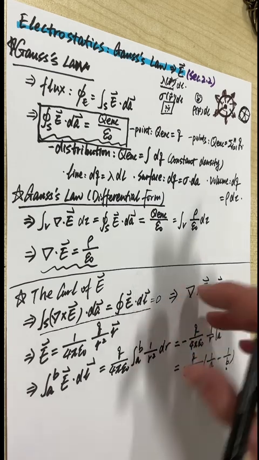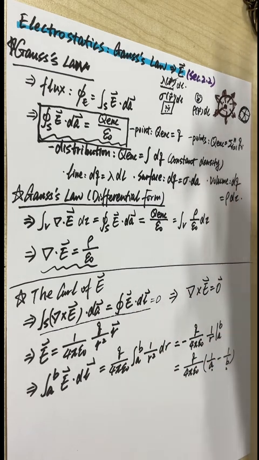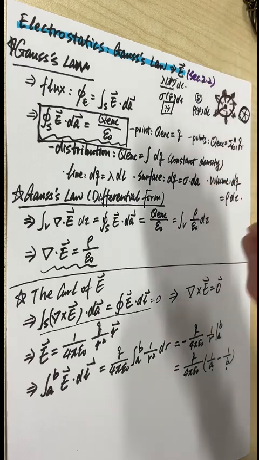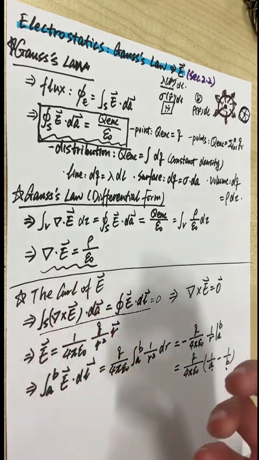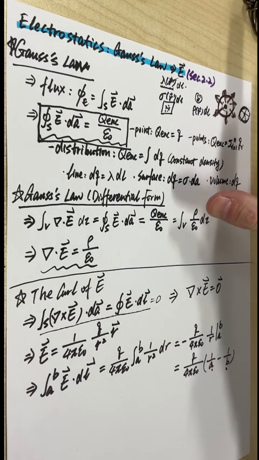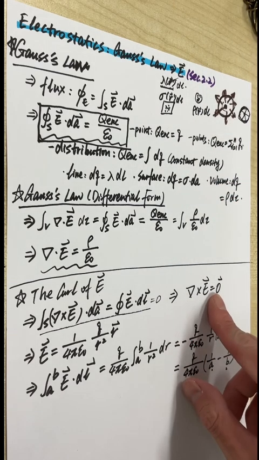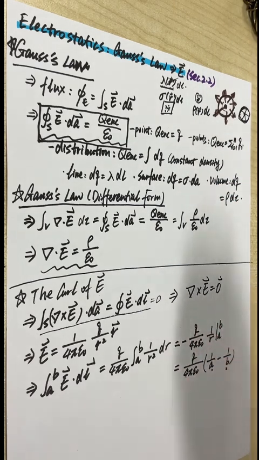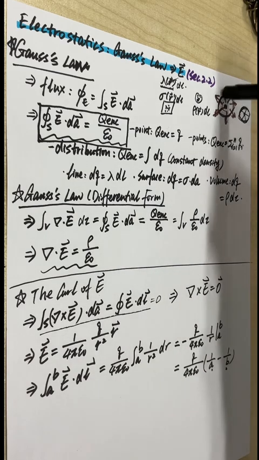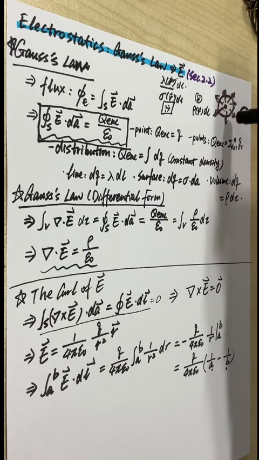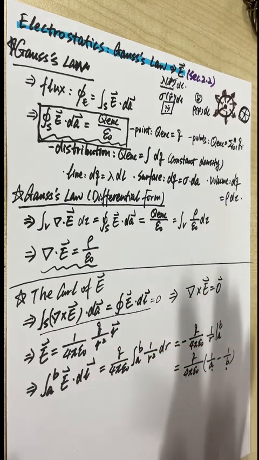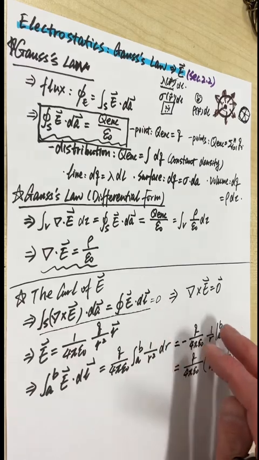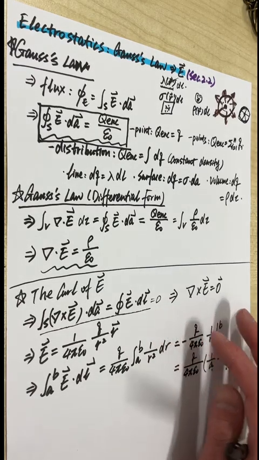It does make sense, because the electrical field spreads out, so it has a divergence. Divergence of a vector tells us how a vector spreads out, and the curl of a vector tells us how a vector swirls around a circle. Obviously, the electrical field doesn't swirl around a circle. So when everything is stationary, electrostatics will have curl of E equal to 0.